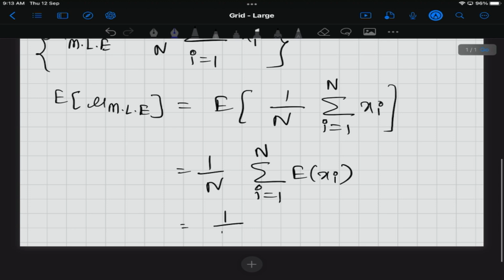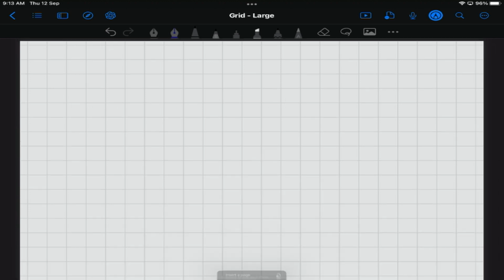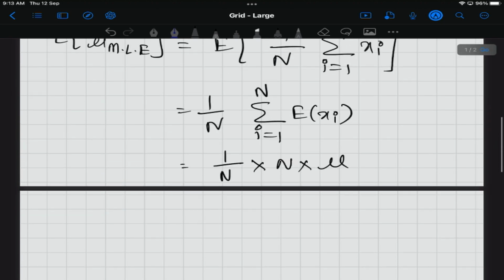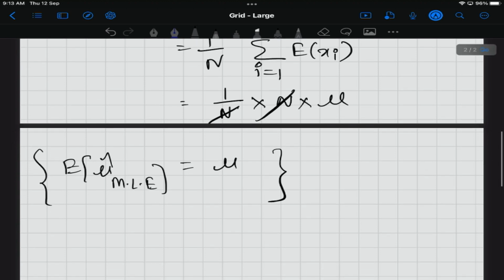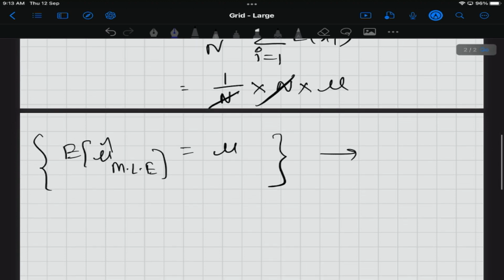So it is nothing but n into mu true, or mu, which is the expectation of your samples, right? So then this is equal to mu. So expectation of mu MLE is equal to your true mean. Yes, so this is an unbiased estimate.